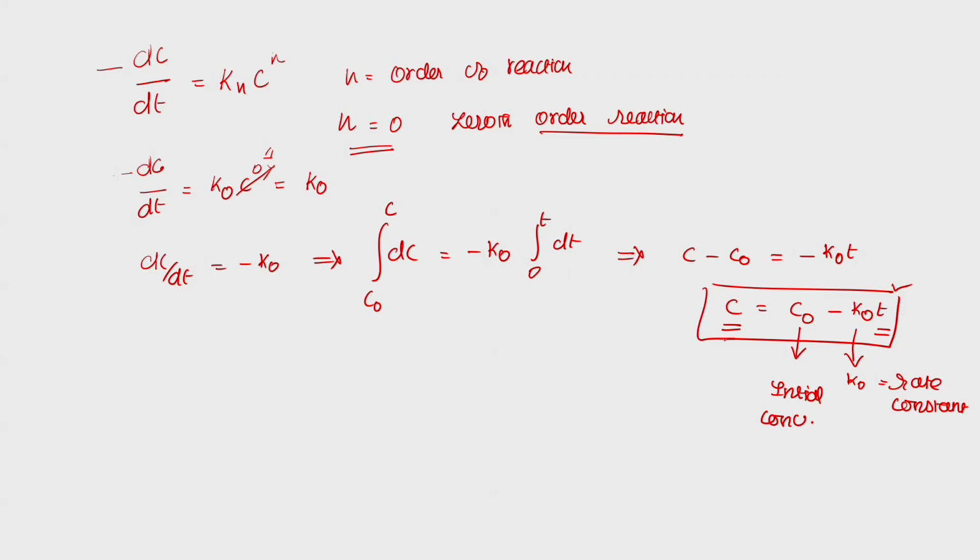So I would be able to tell what my C is at time equal to T if my order is zeroth order. If my order is first order, that is n equal to 1, here I would be able to write minus dC upon dt equal to K1 C power 1, which is nothing but C, right.